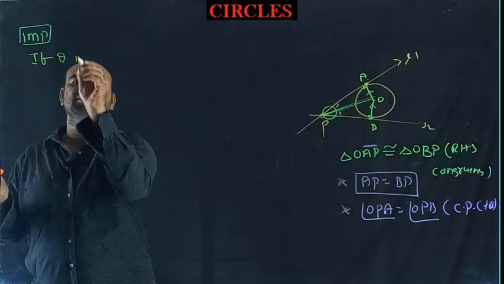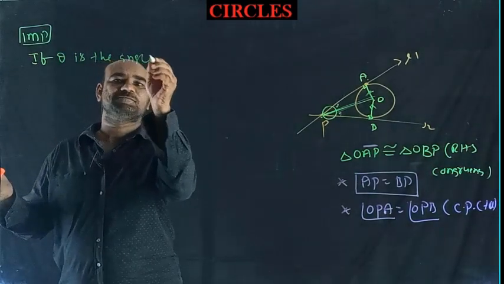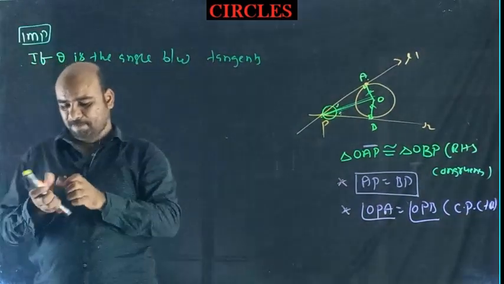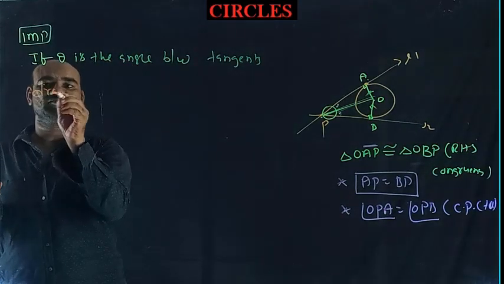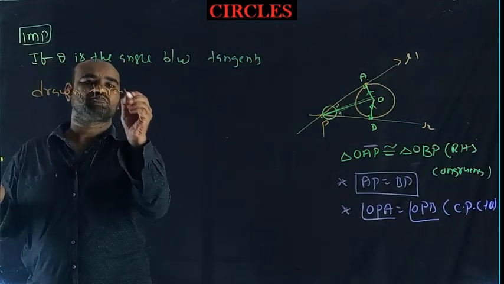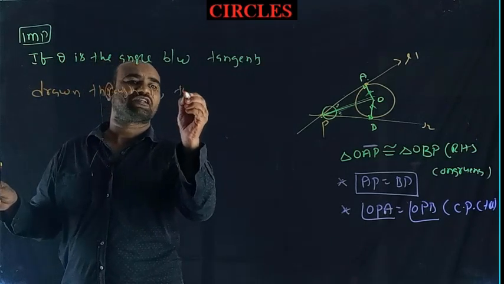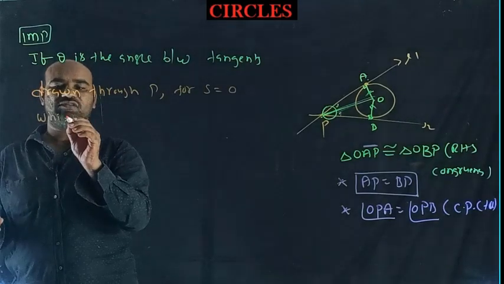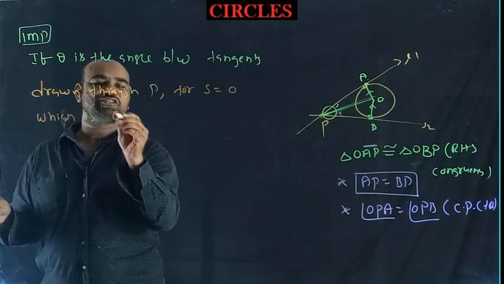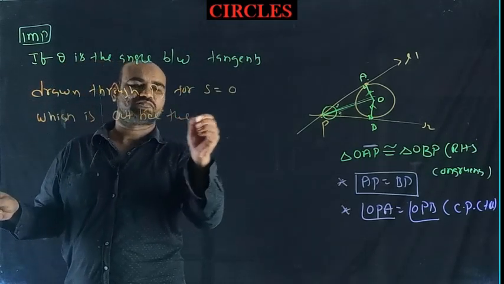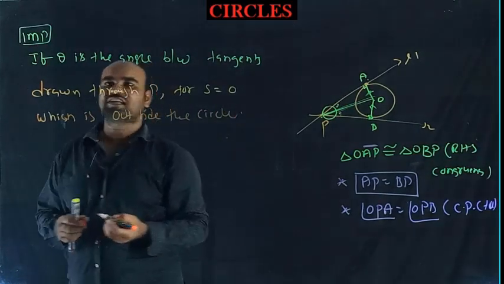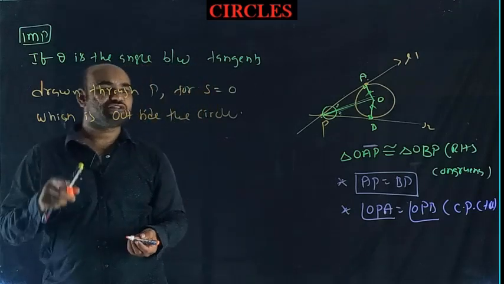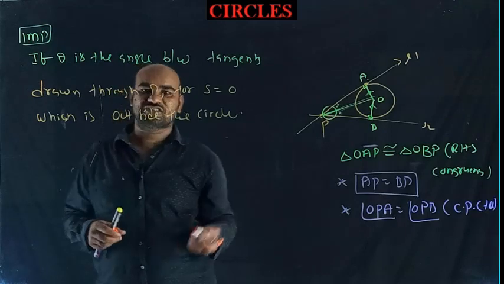If theta is the angle between tangents drawn through P for S equal to 0, which is outside the circle, means P is outside the circle, P is exterior of the circle.